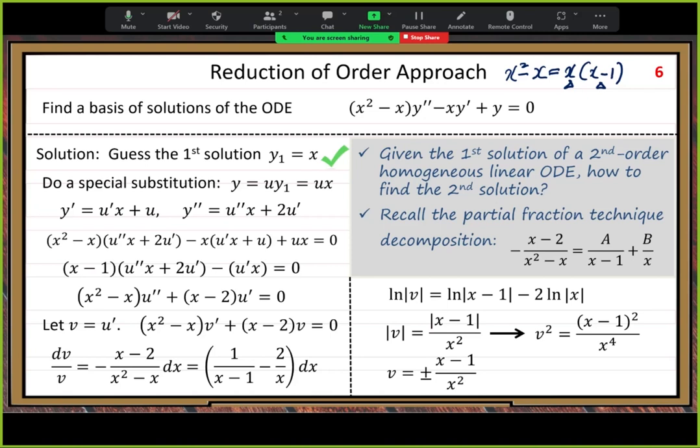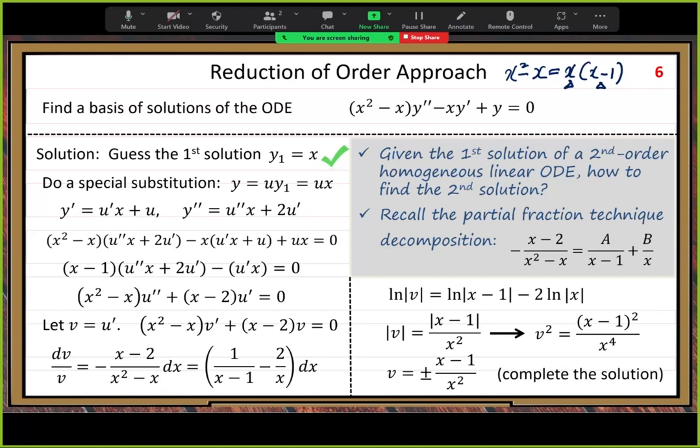But here, we only need to find one special v, right? Because when we find y1, y2 is a special solution, we can choose the simpler version. So we choose the plus version.